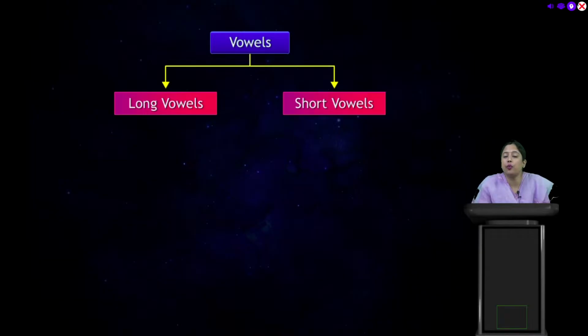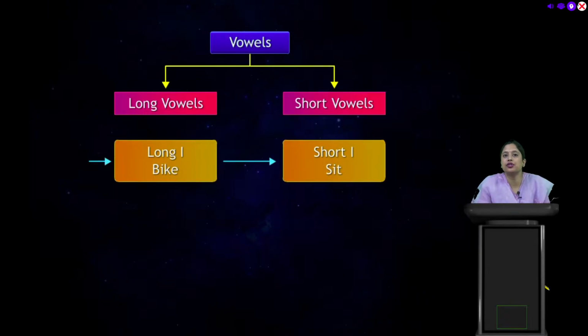Long vowels are the ones which are clear and stretched. We have to stretch the letter. We have to stress the sound, which is the long I, as in bike, mic, physique, field. Get it? Yes, this is the long I sound.